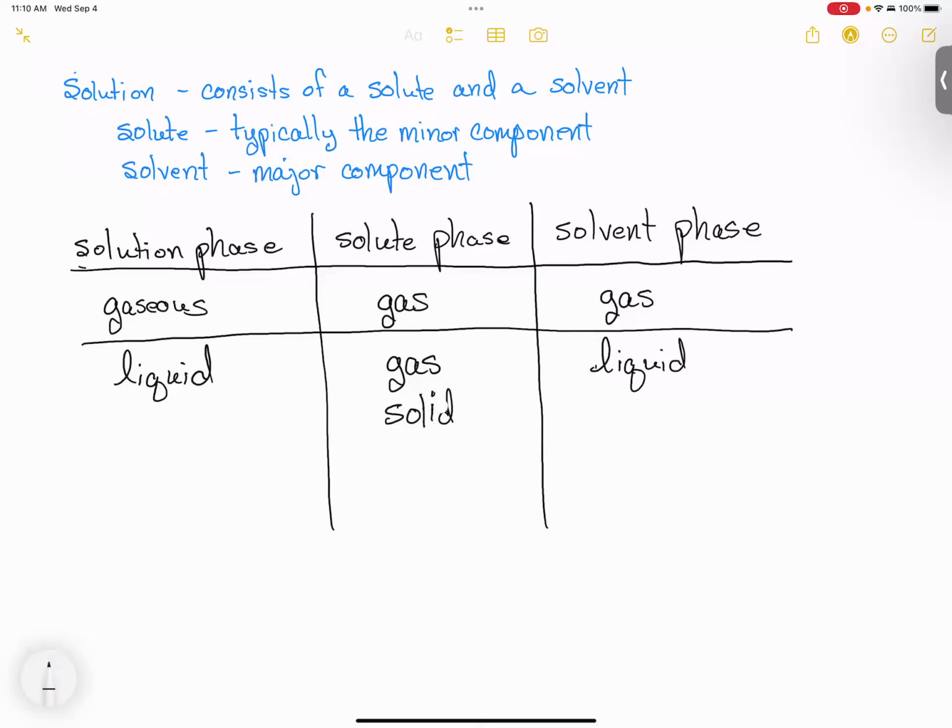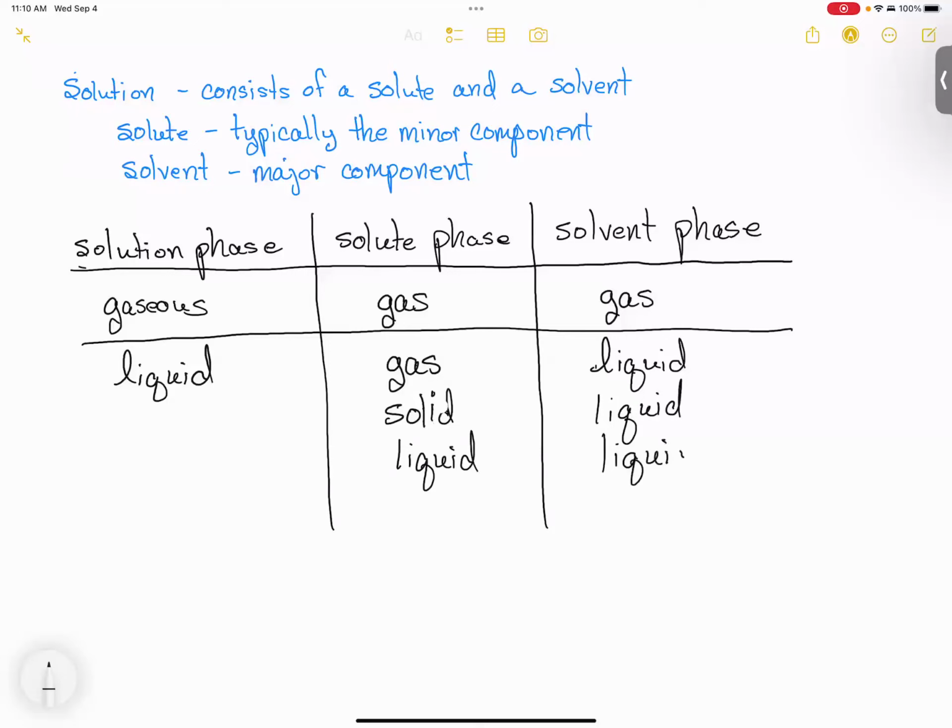As previously stated, yes, we can have a solid that is dissolved in a liquid, such as salt water. And we can have a liquid dissolved in a liquid.